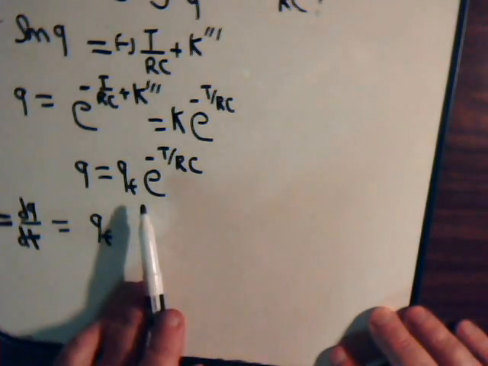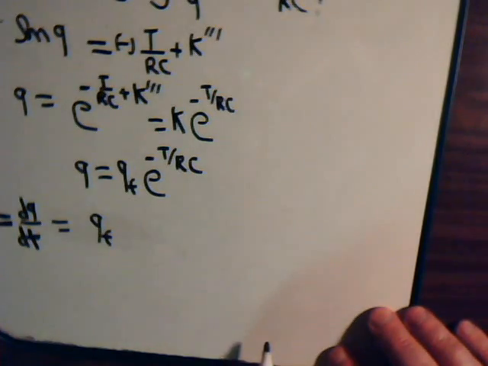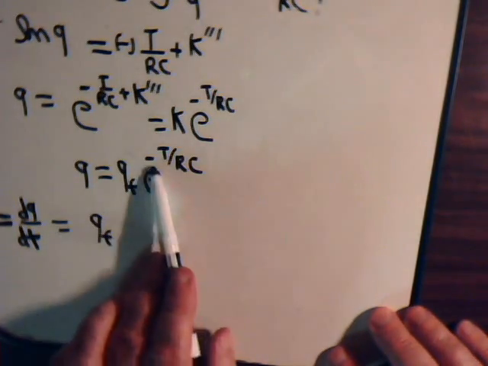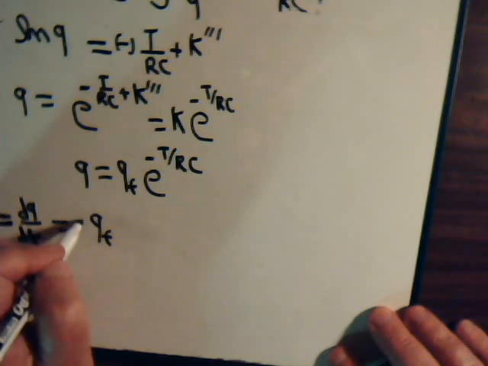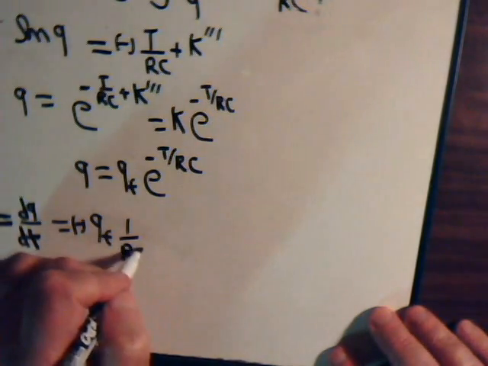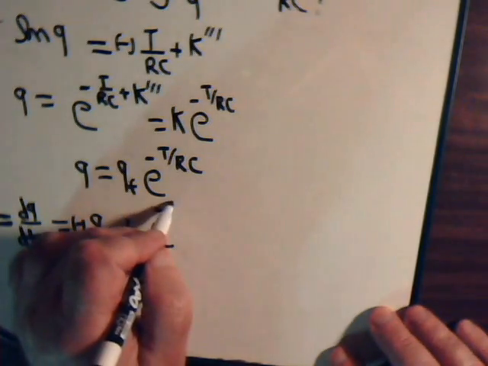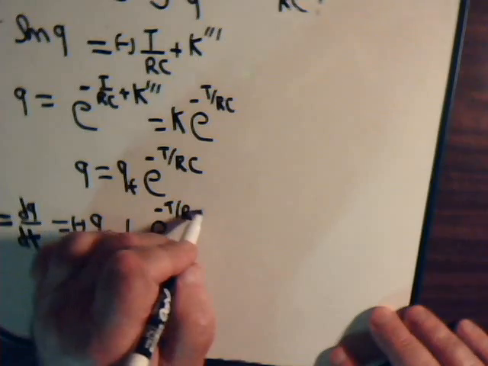then the derivative of e to the minus t over RC, that will be minus 1 over RC, just times e to the minus t over RC.